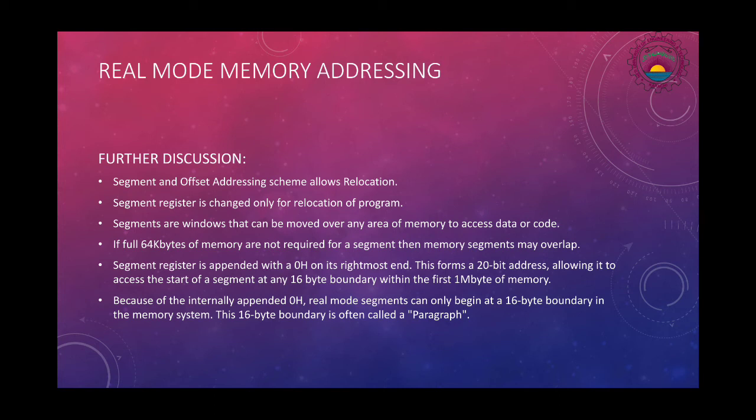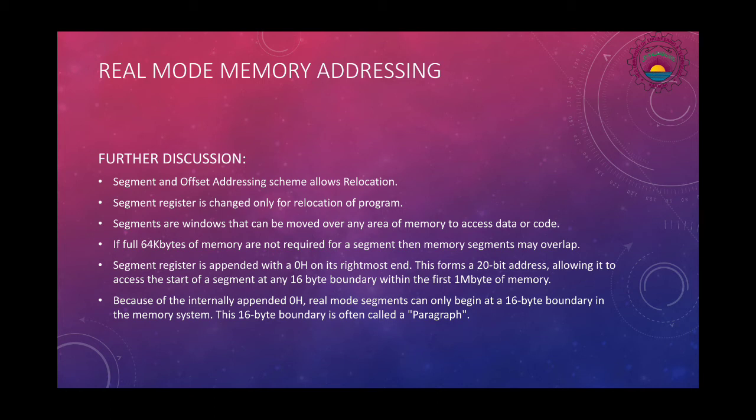Now we have to discuss the concept of paragraph. As we have discussed earlier, for generation of the physical address, the microprocessor multiplies 10h with the segment address. So the base address for a segment will have an address whose rightmost digit will always be 0.